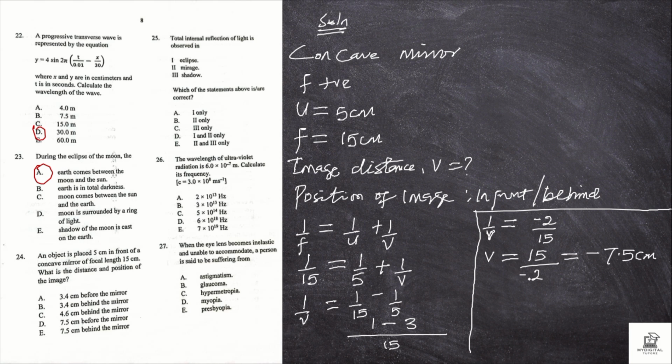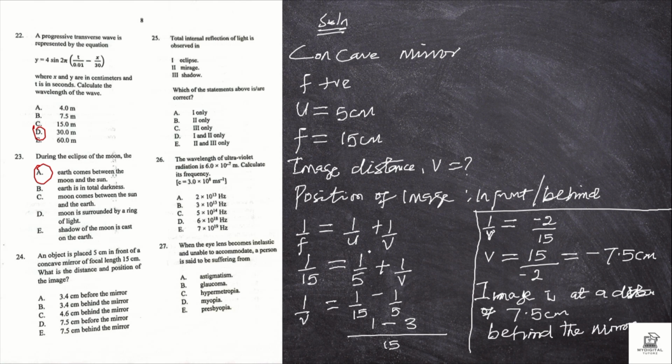So the implication of this is that the image is at a distance of 7.5 centimeter. The negative shows it is a virtual image, therefore it is behind. So it is behind the mirror.